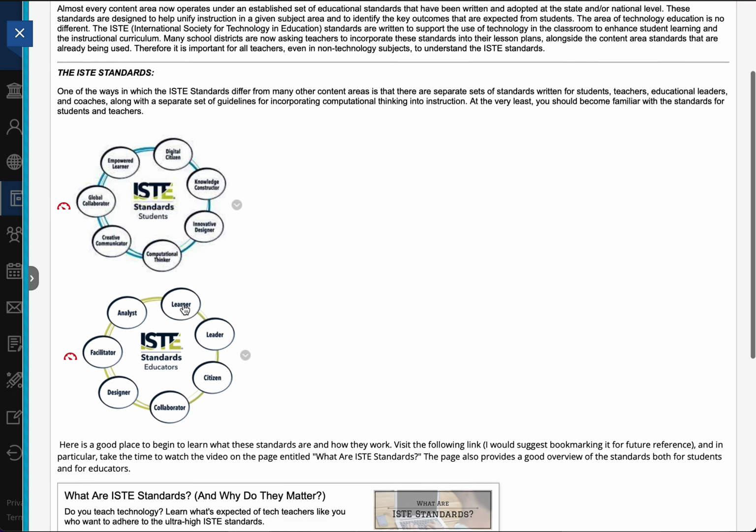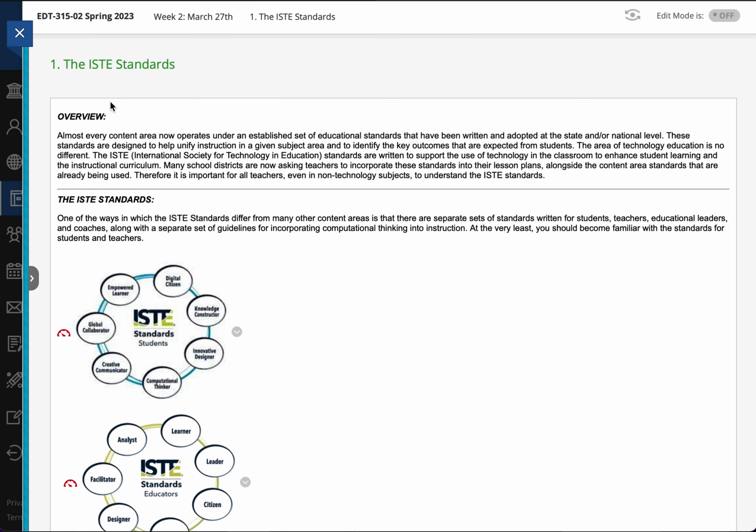And again, just to recap, these are standards that they may not be your subject area standards, but a lot of school districts are now expecting their teachers to at least know the ISTE standards and to look for places to incorporate them into your classroom, because technology has now become almost universal across any type of classroom, and the ISTE standards are the ones that really govern making sure students know how to use that technology, and the teachers know what skills and what topics they should be teaching that relate to technology.